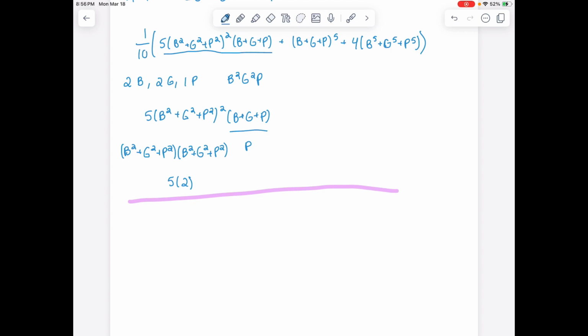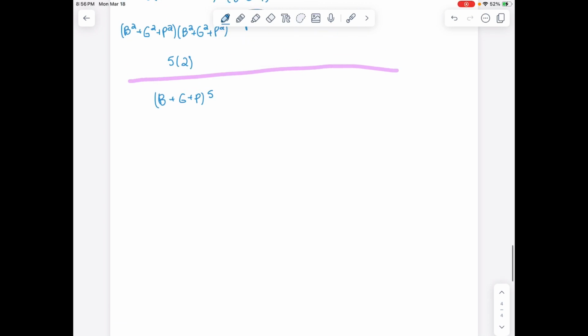Then we have B plus G plus P all to the 5th. So if there are 5 of these, then we can think arbitrarily blue first, or without loss of generality. 5 choose 2 to choose the 2 blue ones, and then there are 3 choose 2 ways to choose green, and then the remaining one to get the 5th piece.